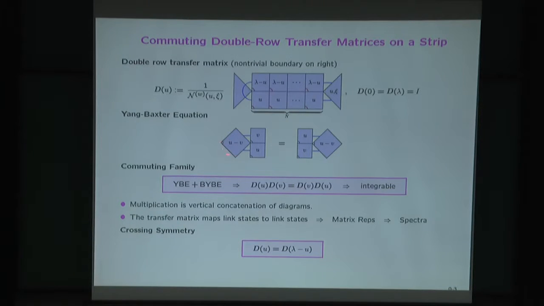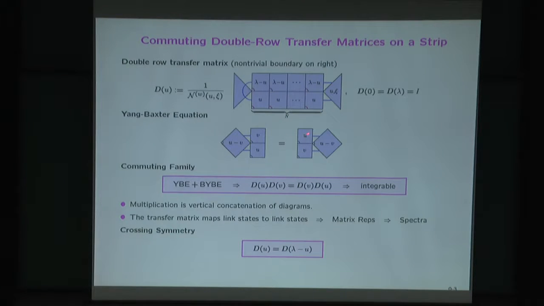So the Yang-Baxter equation is satisfied. Here it is diagrammatically. And so the Yang-Baxter equation plus the boundary Yang-Baxter equation, which I'll describe in more detail in a moment, these two relations are sufficient to give you commuting transfer matrices and therefore integrability.